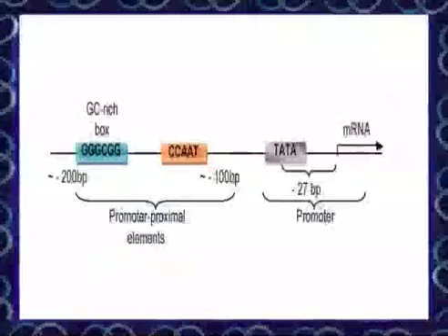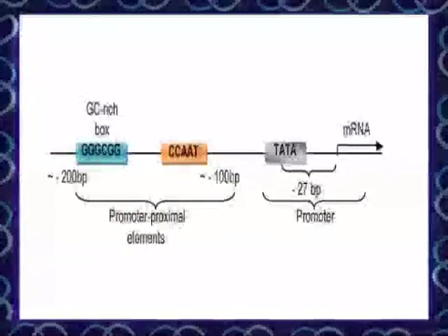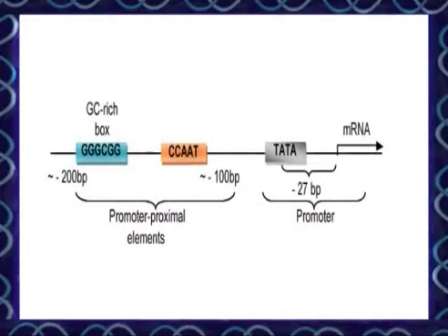The promoters of eukaryotic structural genes often contain a thymine-adenine rich sequence called the TATA box at a position of about 30 base pairs upstream from the first base pair transcribed into RNA.